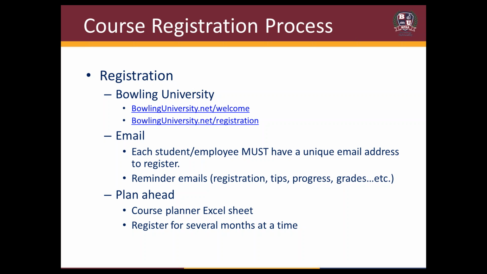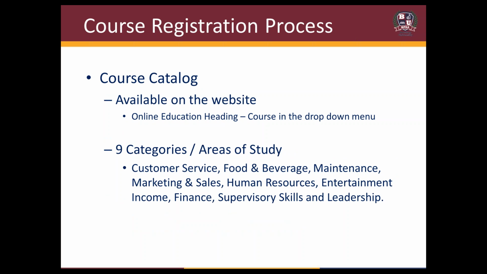Each session runs a month at a time. So you can register for several classes, but you want to try to plan ahead, and in your handouts and on our website you can download an Excel sheet so you can plan out your courses, and we'll be here to help you.